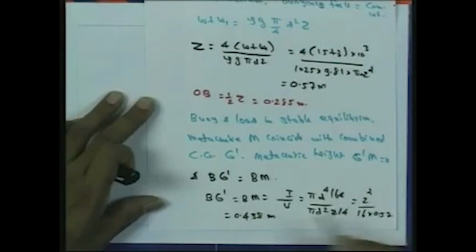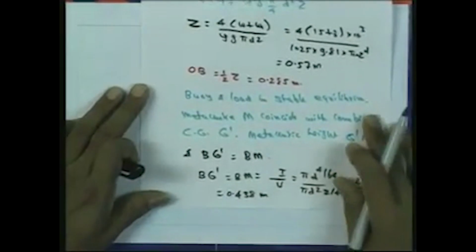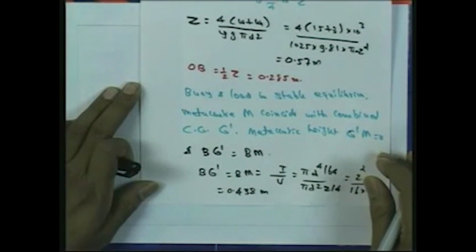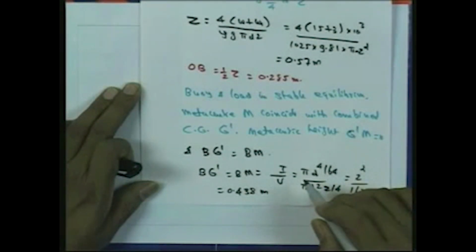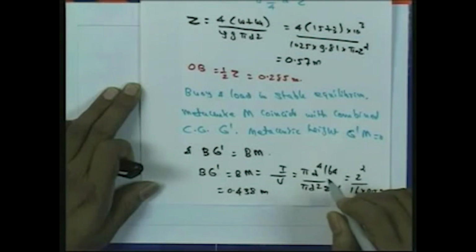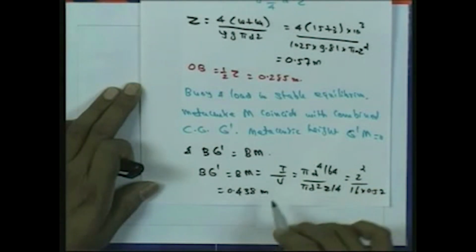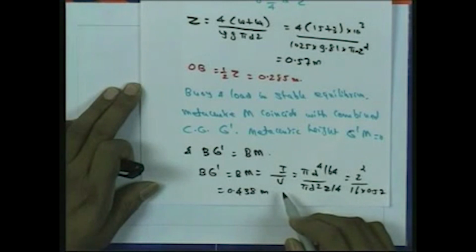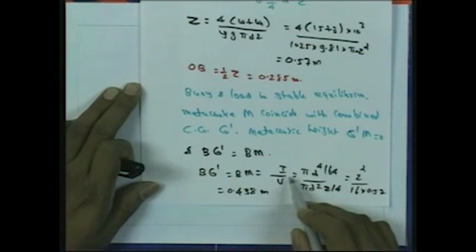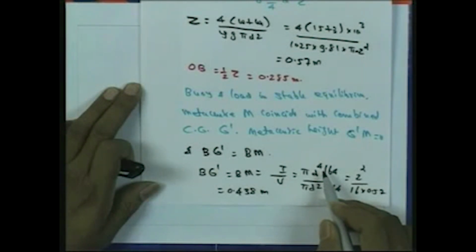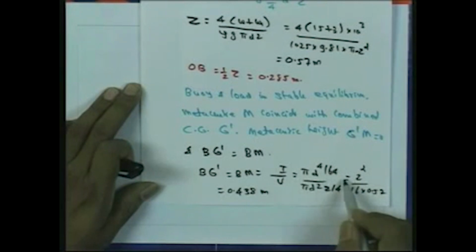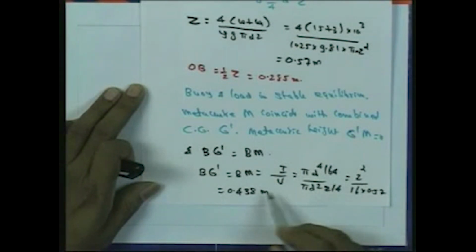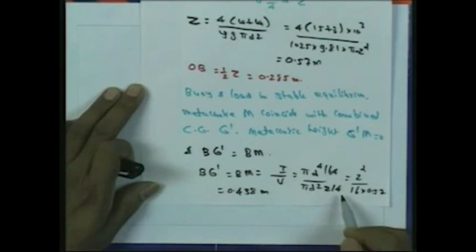Bg dash is equal to Bm, as per the formula which we have derived, is equal to the second moment of the area I divided by V, the volume of the displaced liquid. Here I is equal to pi d to the power 4 divided by 64, and the volume of displaced liquid is pi d square Z by 4.